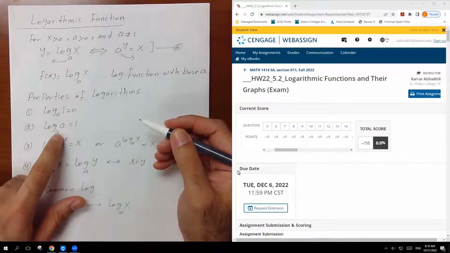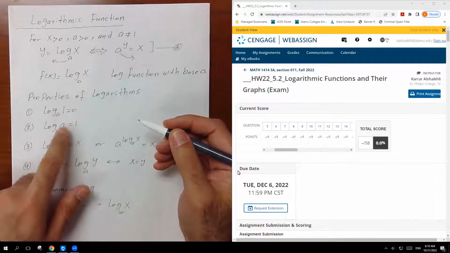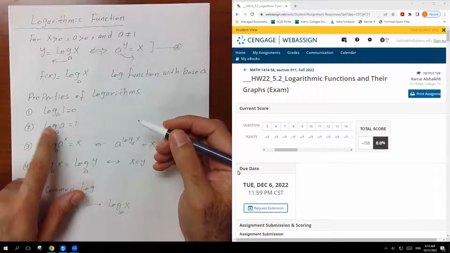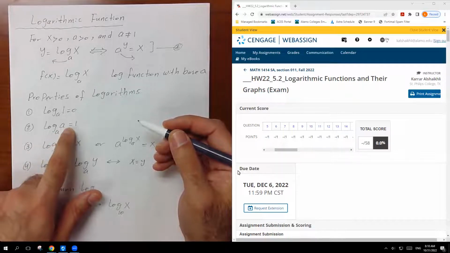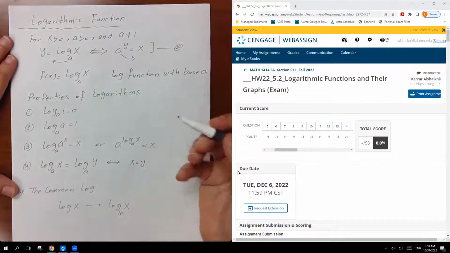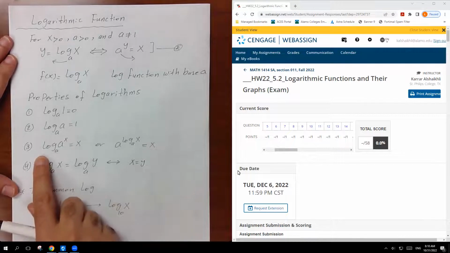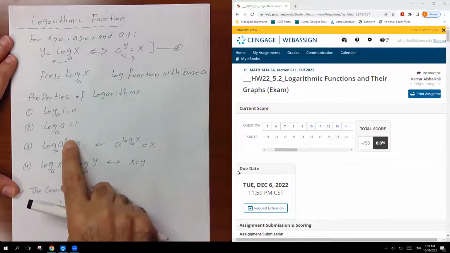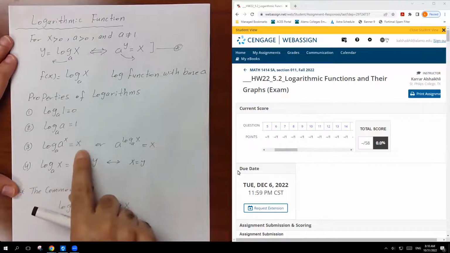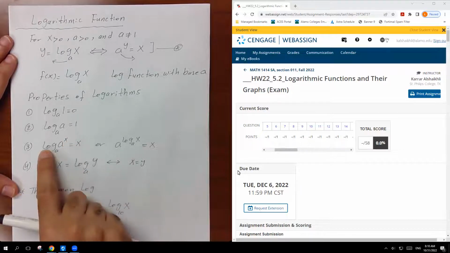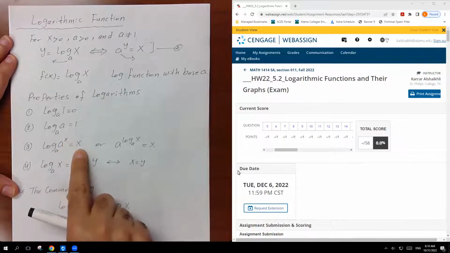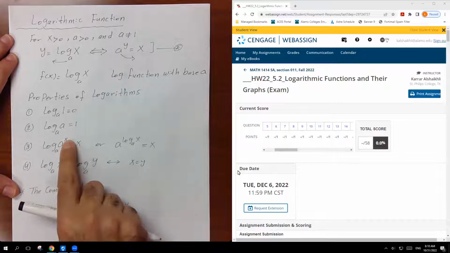Log where the base and the number are exactly the same, like log base 5 of 5, is going to be equal to 1. Now, here's another rule. Log to the base a of a to the x equals x. That means the base and the number are exactly the same thing, so the result is going to be just the exponent, which is x.